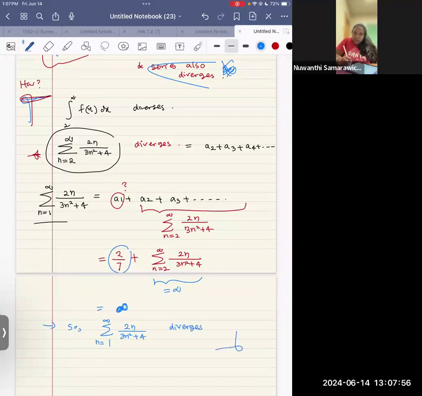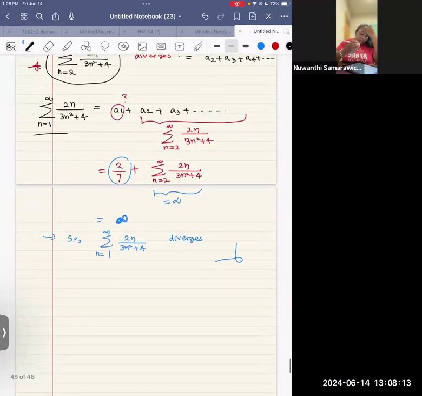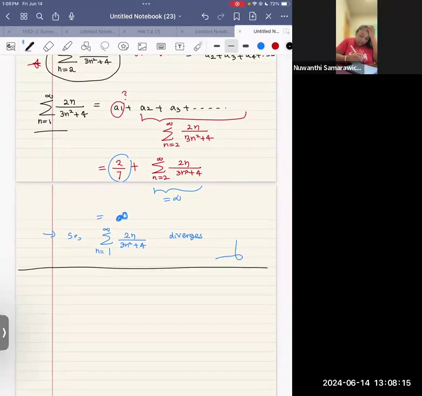Do you understand now why it diverges? Okay. So let's do some kind of easy one. What about this example? Whenever you have this, what is this series?